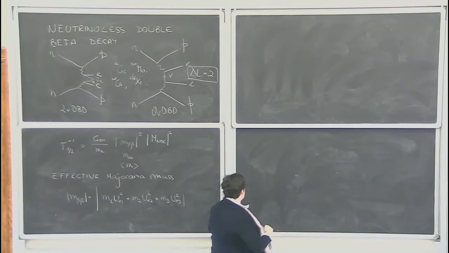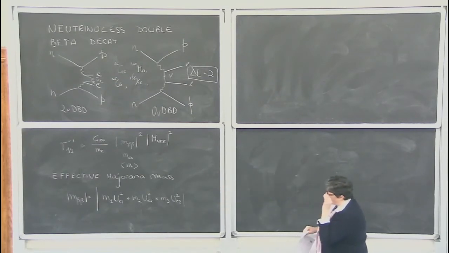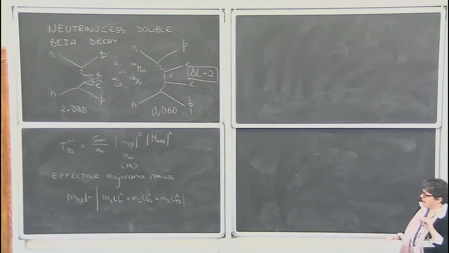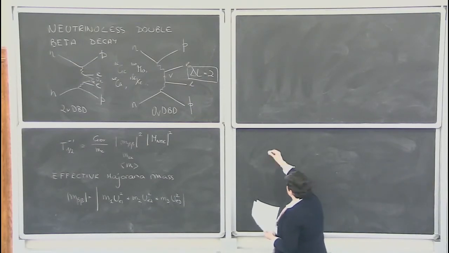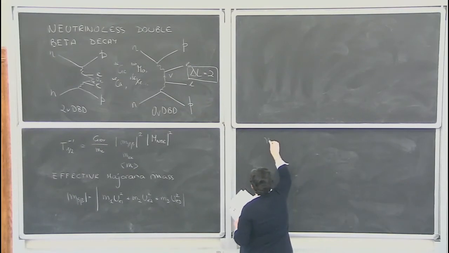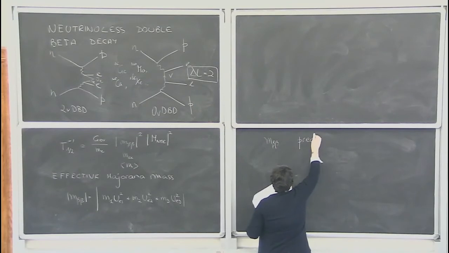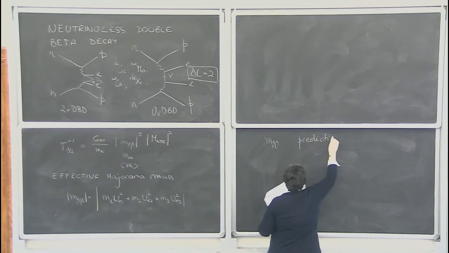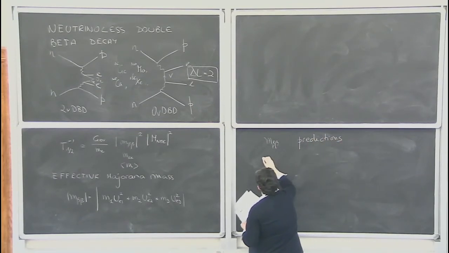Okay, so I can do these predictions generically, and I'll do that in a minute. But before doing that, there are some limiting cases for the masses which are particularly interesting theoretically. The first case I want to discuss, so let's look at m beta beta predictions. And the first case I want to pick up is the case in which I have a normal hierarchical spectrum.